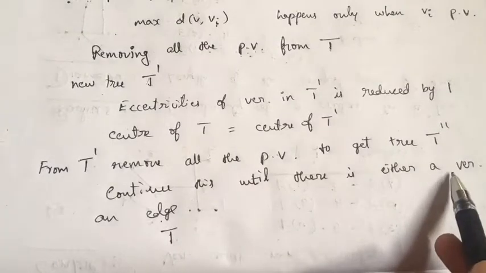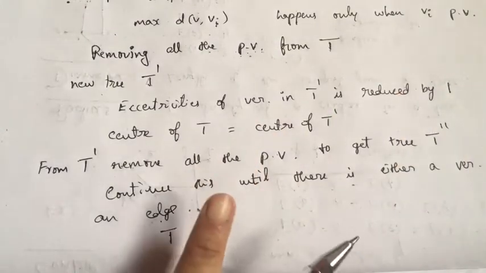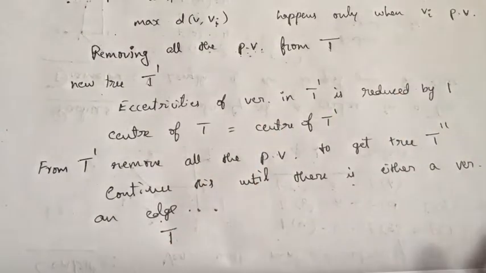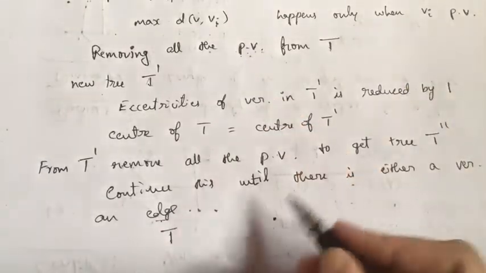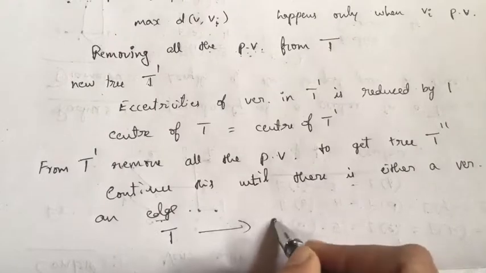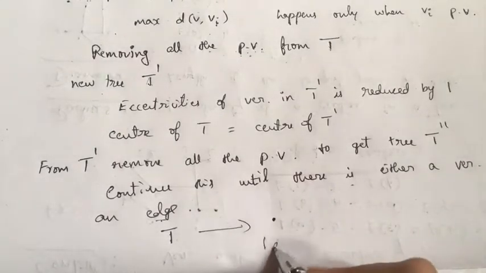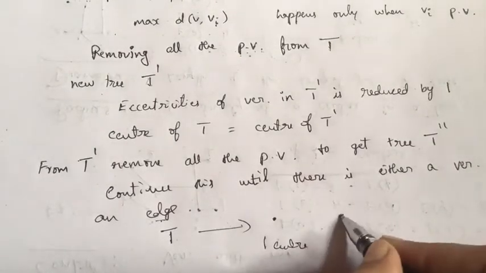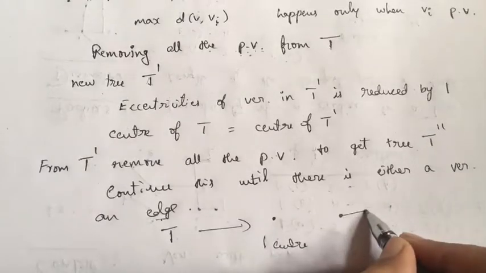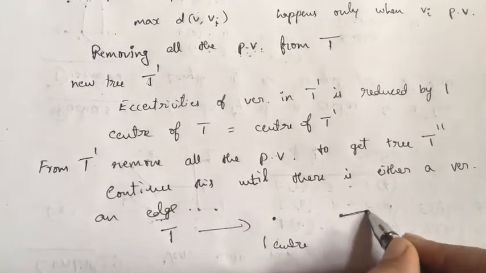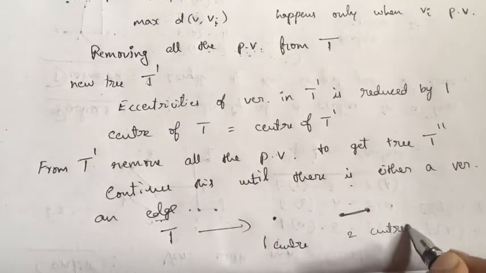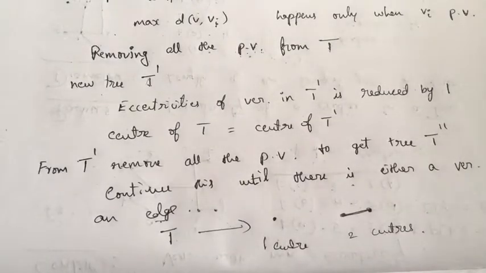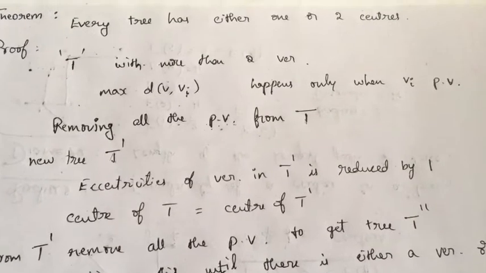If it is reduced to a vertex, then it has only 1 center. If it is reduced to an edge, then it has 2 centers. Hence the proof.